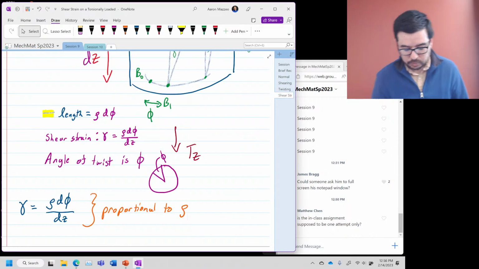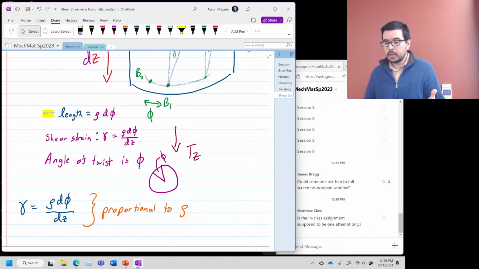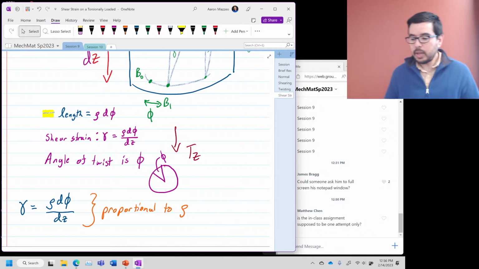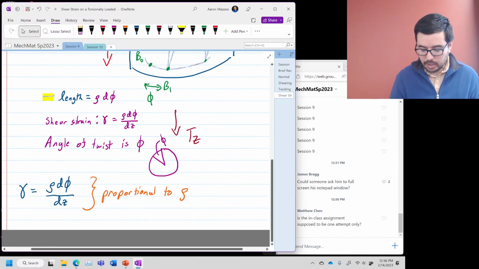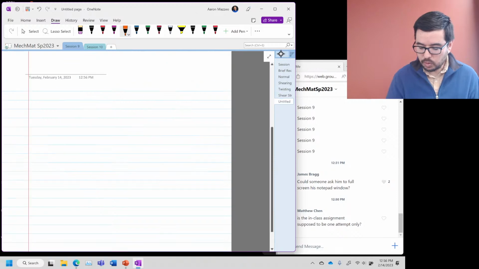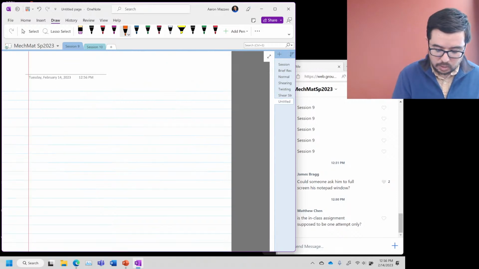So another way that we sometimes write gamma is as follows.